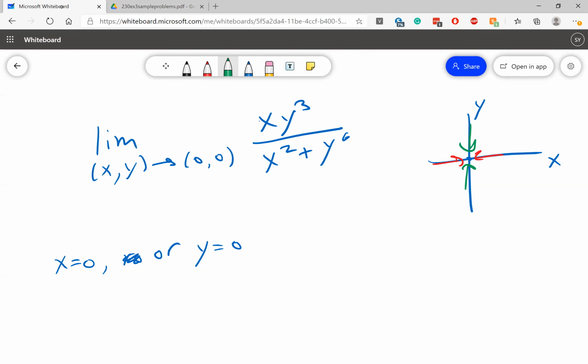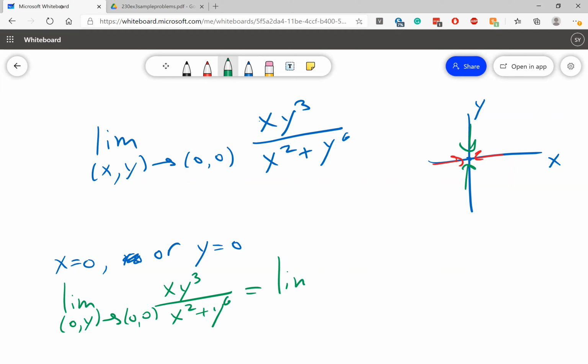So in such a case, we would have the limit as x, y goes to 0, 0 of x y to the third over x squared plus y to the 6.